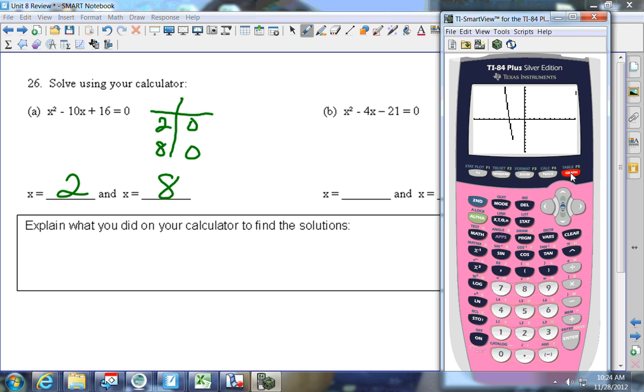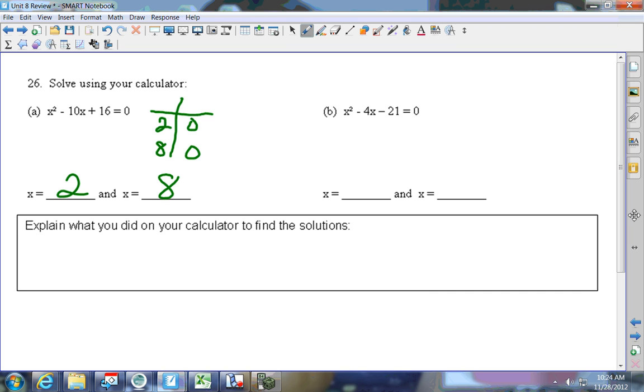Graph. Look and see where it crosses the x-axis. Looks like it's at -3 and possibly 7. So let's go and look. It is 7, 0. That's one of them. And -3, 0. So we have 7 and -3.